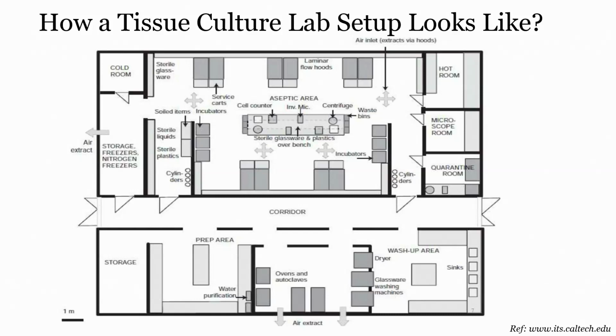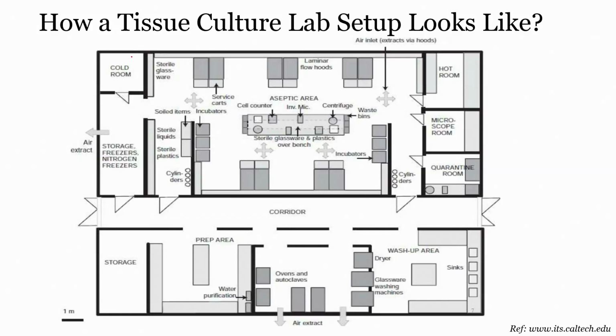Now, once we know these terms, like passaging, cell lines, confluence, cell culture, what does a tissue culture lab setup look like? A basic tissue culture lab should look like the one that I am showing here. However, there are several different setups also.